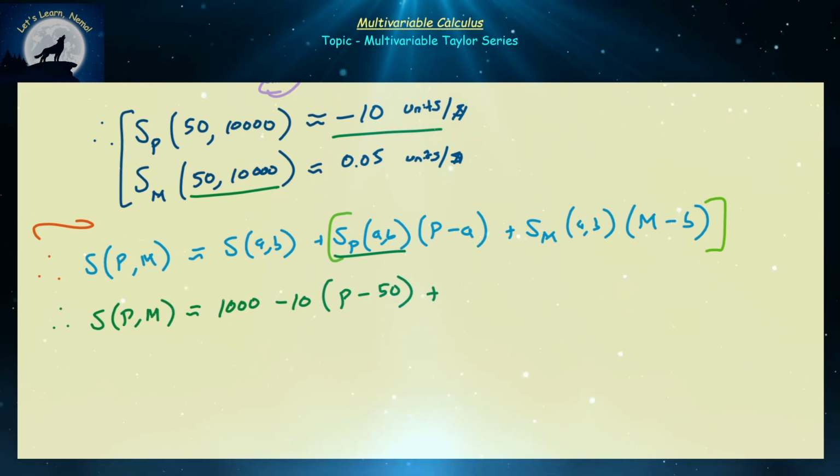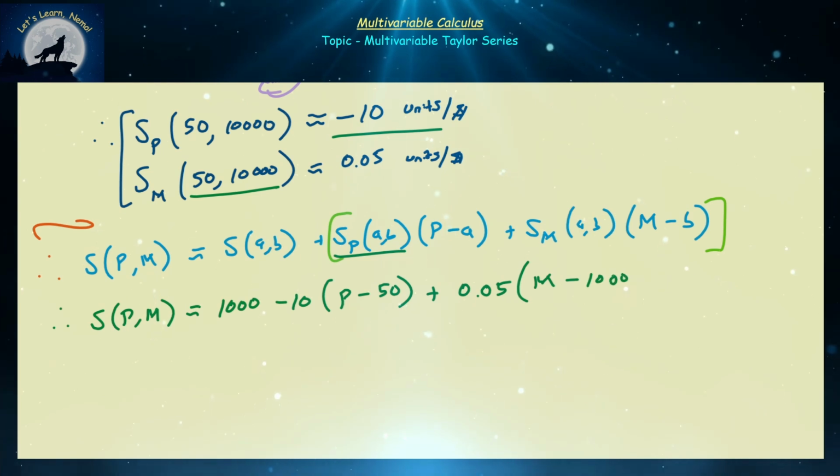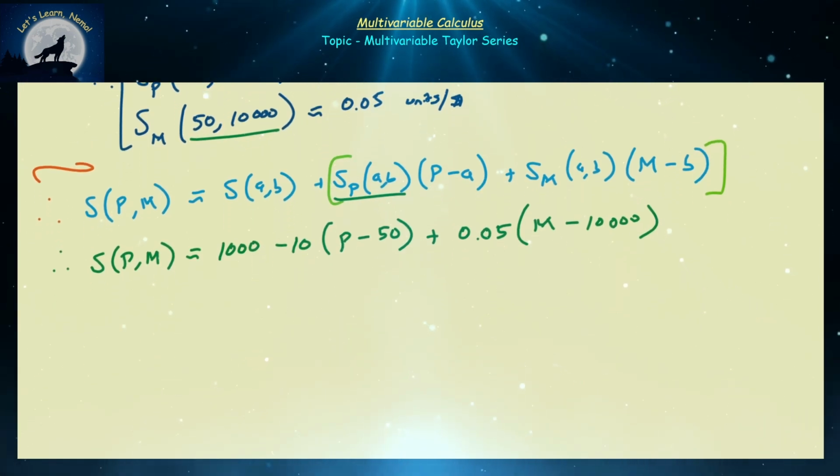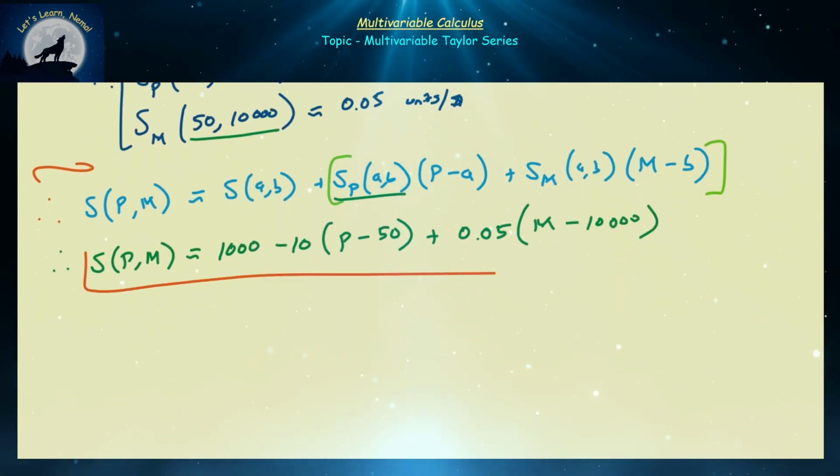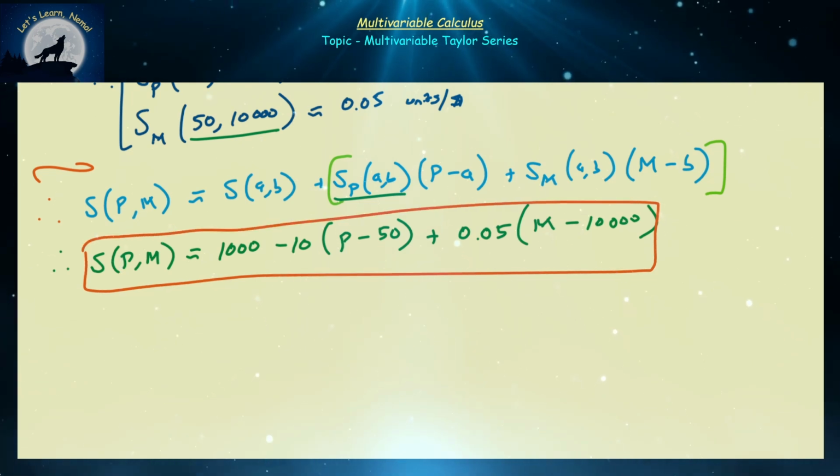And then we have our next derivative term, 0.05 times M minus 10,000. So this is going to be our approximation, and we can distribute and simplify that if needed, but in some sense, that's technically all you need. So as long as you estimate around a price of 50 units and a marketing budget of 10,000, this will give you on average the number of units that you will sell.